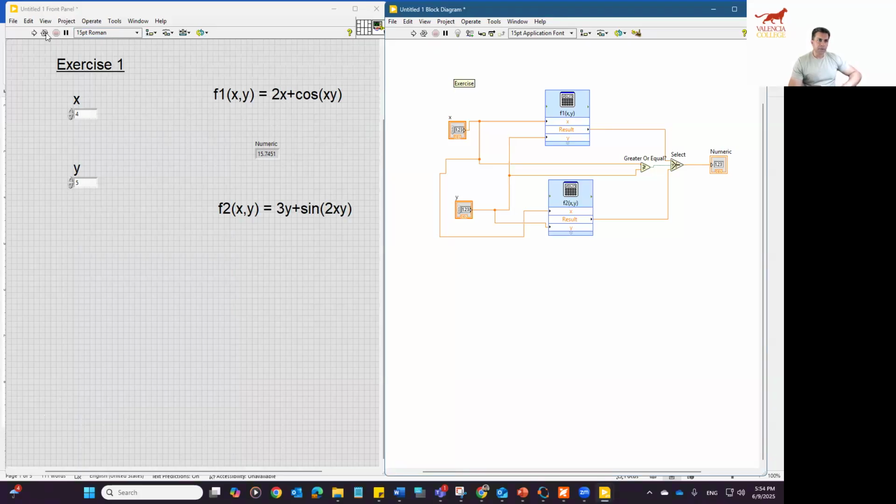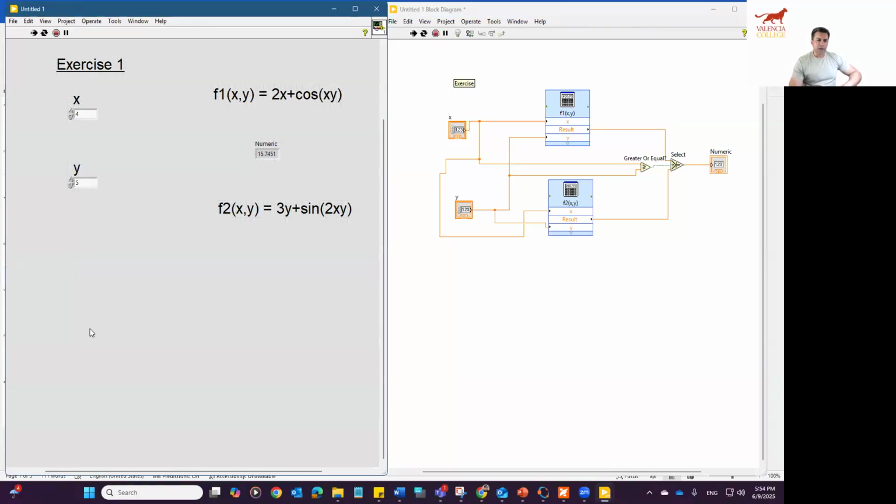So if you run it now, right now, y is greater than x. The output is generated according to f2 xy. If x becomes equal to y, remember the condition is greater or equal, then the condition that will be generated will be according to f1 xy.